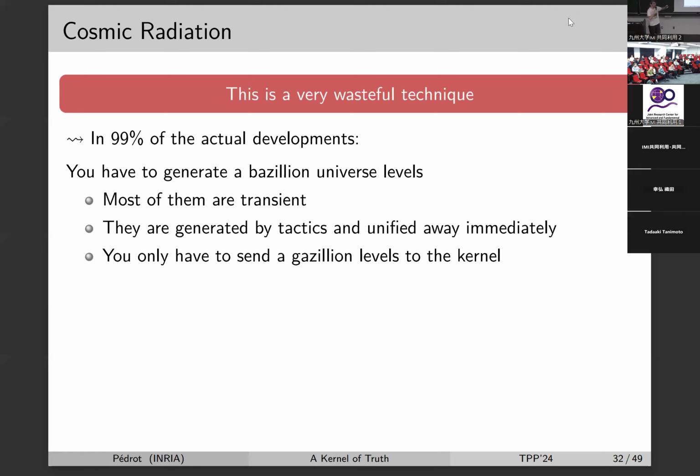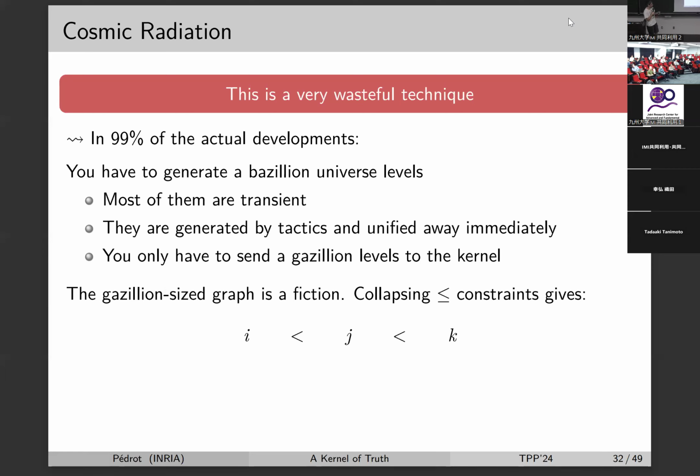So you've got this huge graph which is full of crap, and you send that to the kernel, and it takes a lot of time, so that's very bad. In practice, pick your favorite development and look at what it does if you collapse all the non-strict rules. Empirically, you have 3 universes. So very bad.